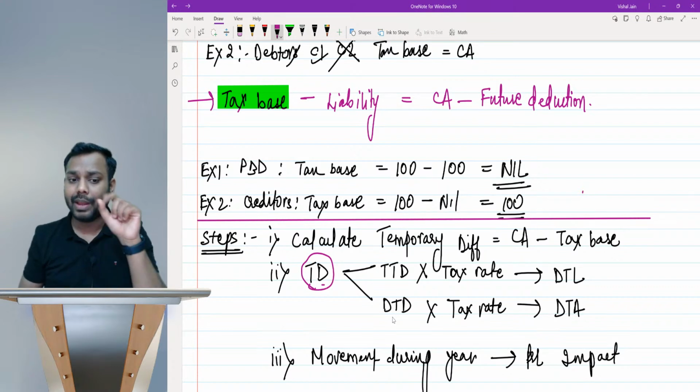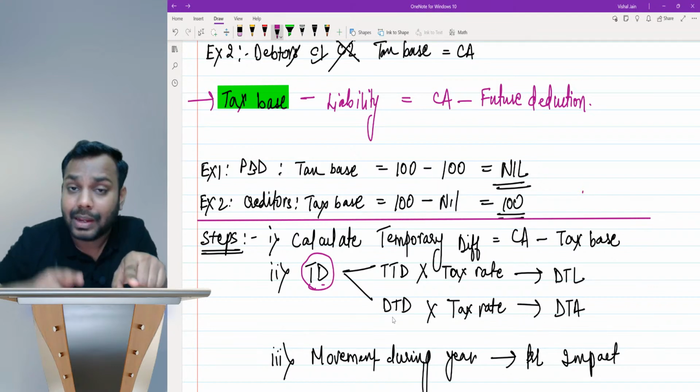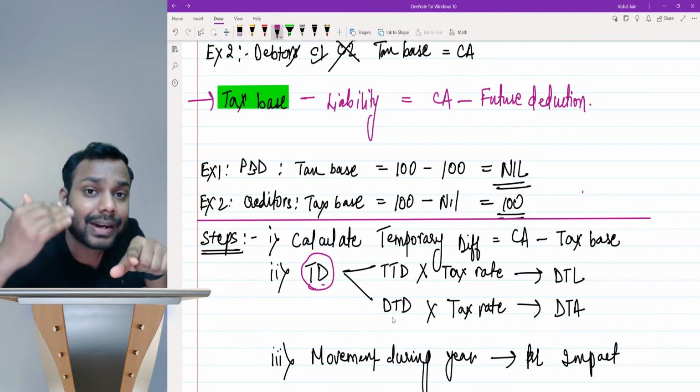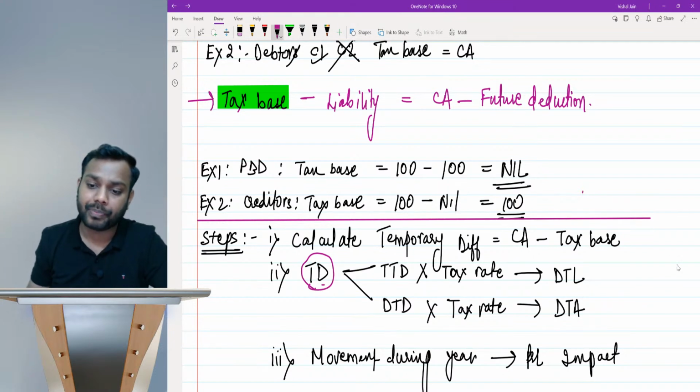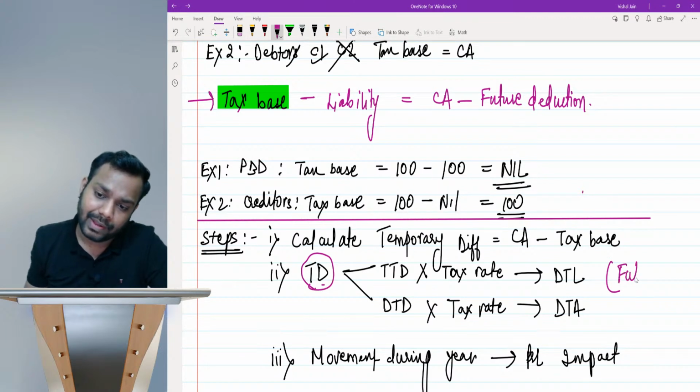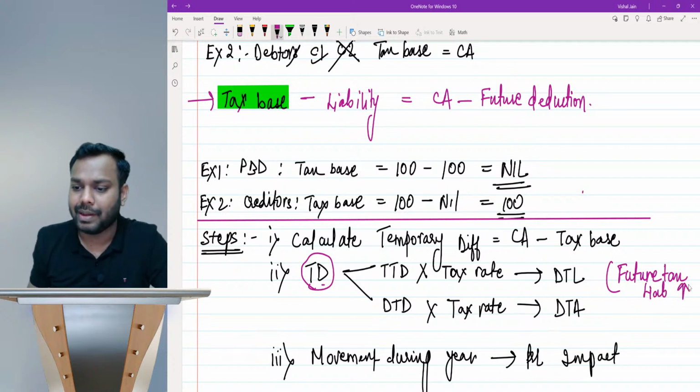Meaning is, if this temporary difference in the future will increase the tax liability, so I'll write here, if it increases the future tax liability, that's called taxable temporary difference.